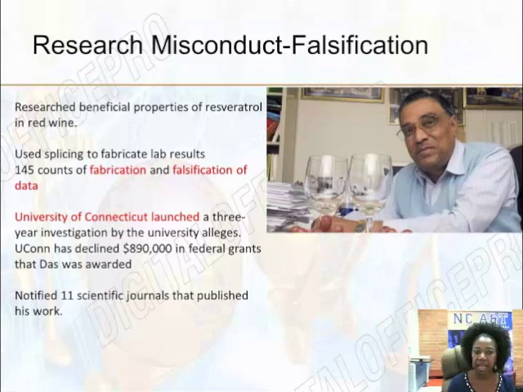However, he used splicing to fabricate his lab results, and as a result of the research misconduct investigation, the committee found 145 counts of fabrication and falsification of data. The university declined about $890,000 in federal grants that he was going to be awarded, and 11 scientific journals were notified so that they could retract his published articles.